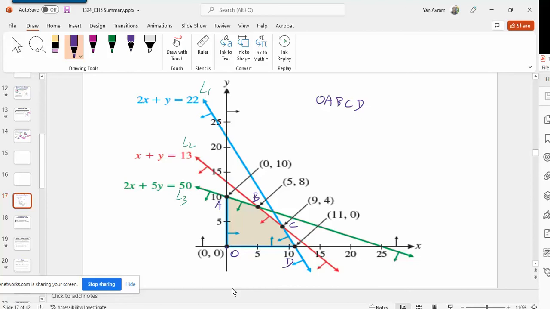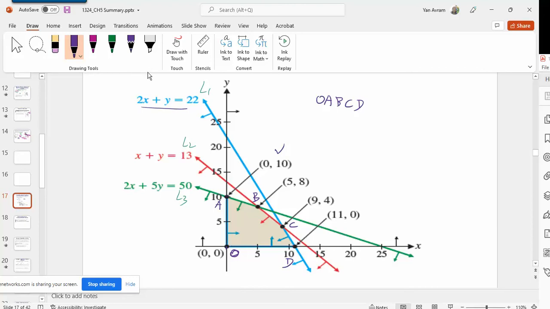This O, we know the coordinate is 0 and 0, right? And then this point, the green line's intersection with the y-axis, is already known: 0 and 10. This point is on L1, which is 2x plus y equal to 22.